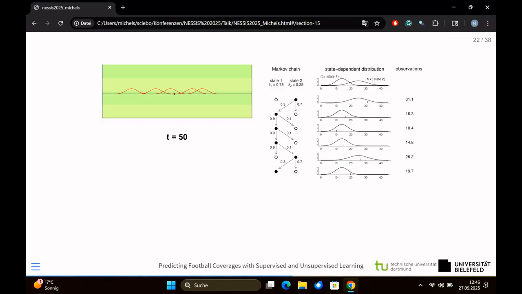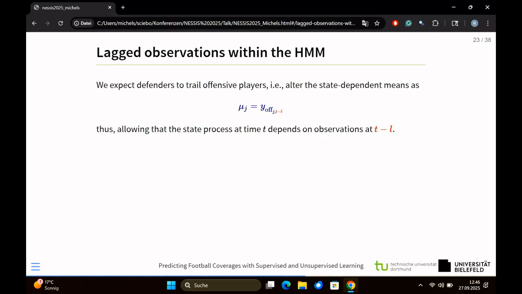Okay? So this is our general hidden Markov model framework, and now I will twist it a little bit. The first point is you can directly see here, we are trailing, we have a slight delay. So we include lagged observations within the HMM, and because we expect defenders to trail these offenders, we allow for these lags, and we compare different models via AIC and see that a lag equal to 4 yields the best fit.